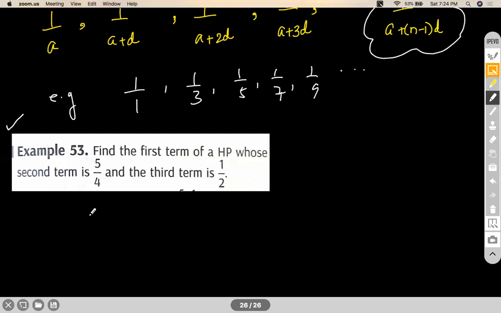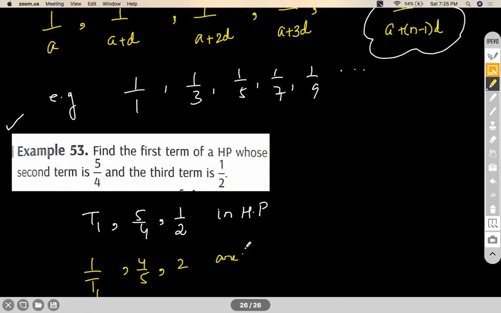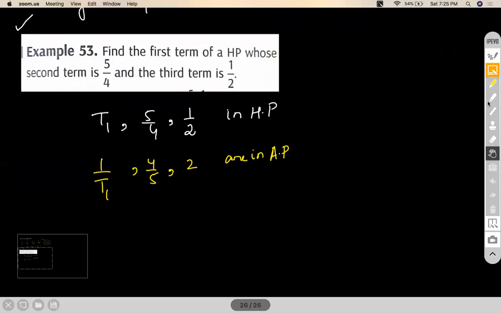All right, let's check this, guys. See, first term we don't know. Second term is 5 by 4. Third term is half. This is in HP. See, what does it mean? If this is in HP, that means 1 by T1, 4 by 5 and 2 are in AP. Are you getting my point?